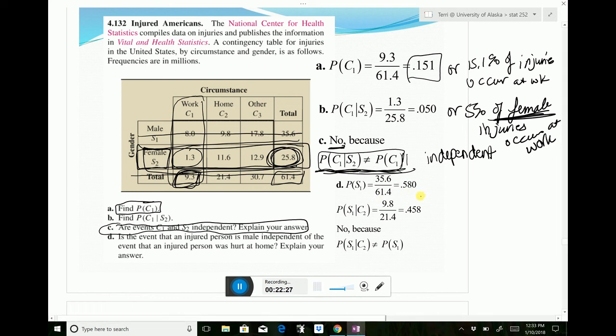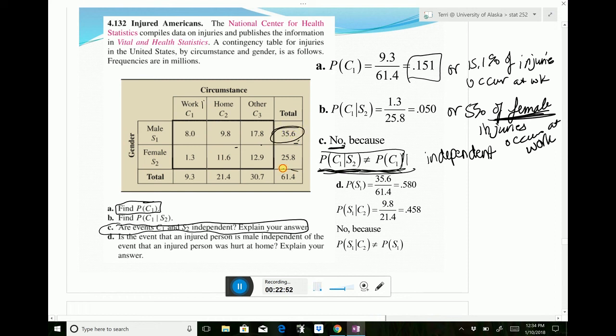Okay. Is the event that an injured person is male independent of the event that the injured person was hurt at home? We can also do this from the male perspective, so we can look at this in a couple of different ways. The one I've done here is the same way we did the other one. The probability someone is male is 35.6 out of the total, so 58% of the people were male.